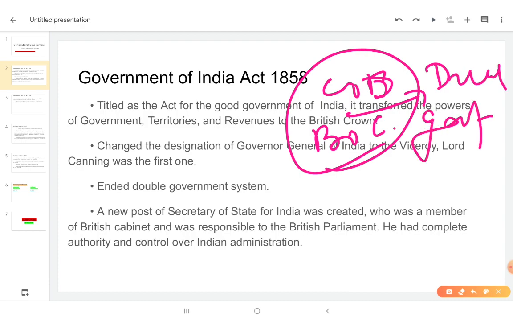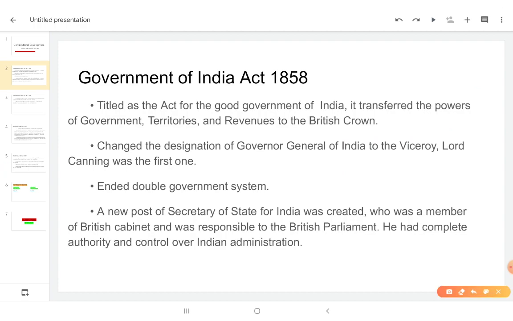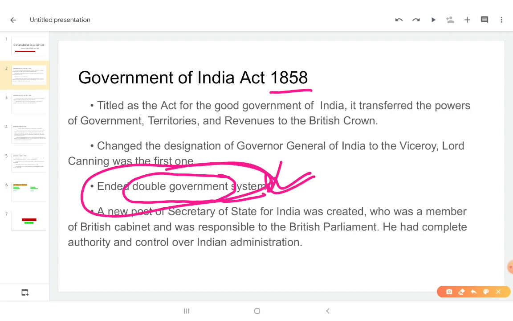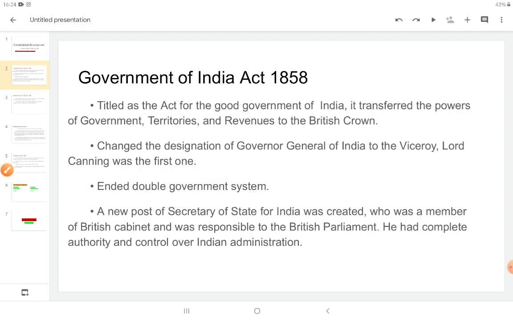Through the Act of 1858, that dual or double government system was ended. This is an important provision of this act.